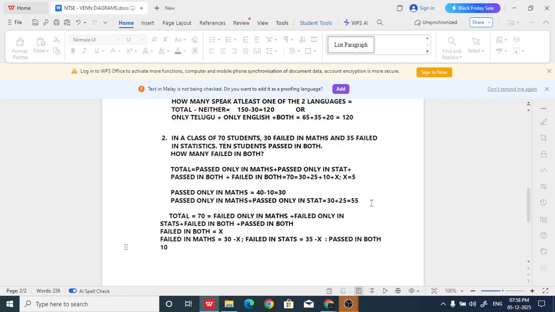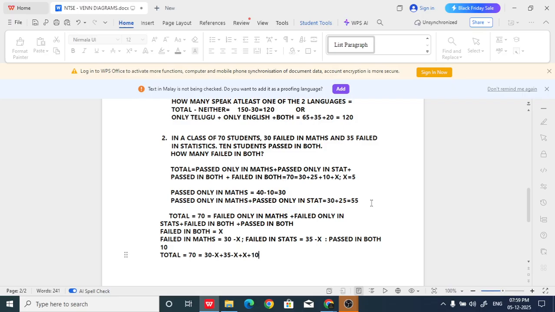So now, what this says is total is equal to 70. Failed only in maths is 30 minus X. Write it like that. Failed only in stats is 35 minus X. Failed in both is X. Plus passed in both is 10.